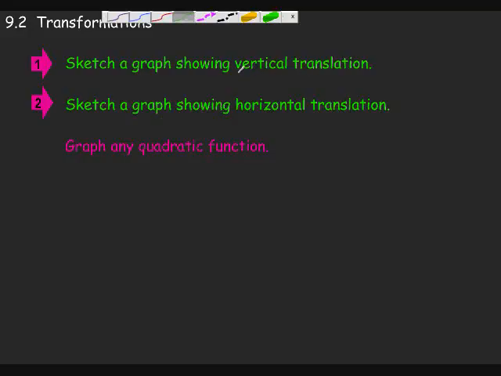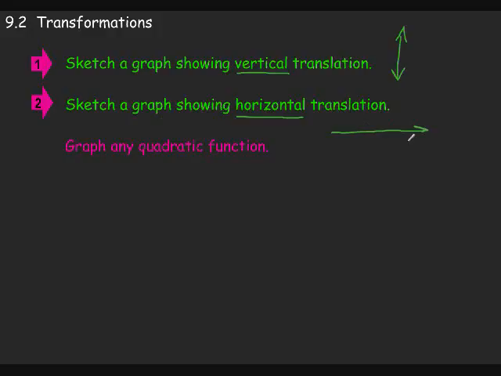In this lesson we're going to look at a vertical transformation, which of course is up and down, and a horizontal translation, left and right. At the conclusion of this, we'll be able to graph any quadratic function.